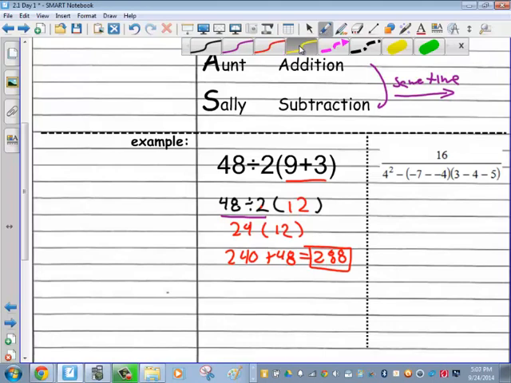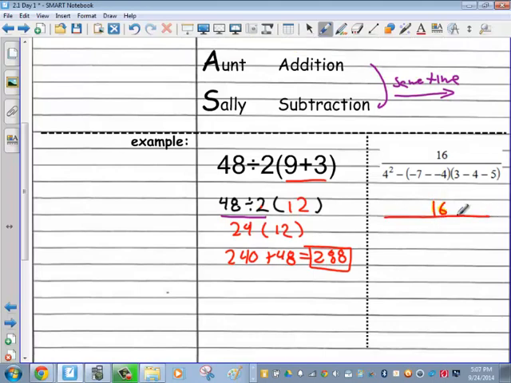Well, first we have to do the parentheses, so I'll rewrite this as 16 over 4 squared minus -7 minus -4 is -7 plus 4, so 4 minus -3 for that, and 3 minus 4 minus 5. If we did that, 3 minus 4 is -1, minus 5 is -6.